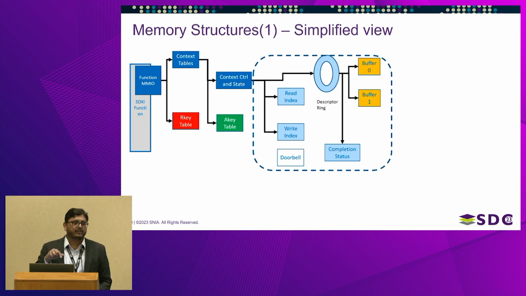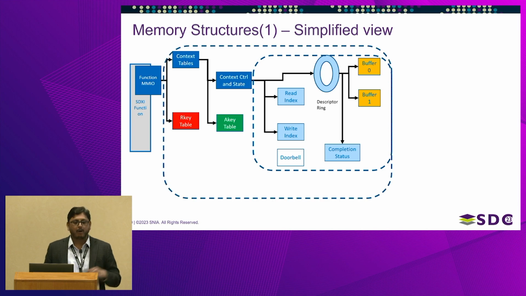So this shaded region that I'm talking about here is where a user space application has access. It's a layered model, so the user space application does not need to deal with how to manage the context, the control states, and how to set it up as well. The outer region is where the privileged software has control.